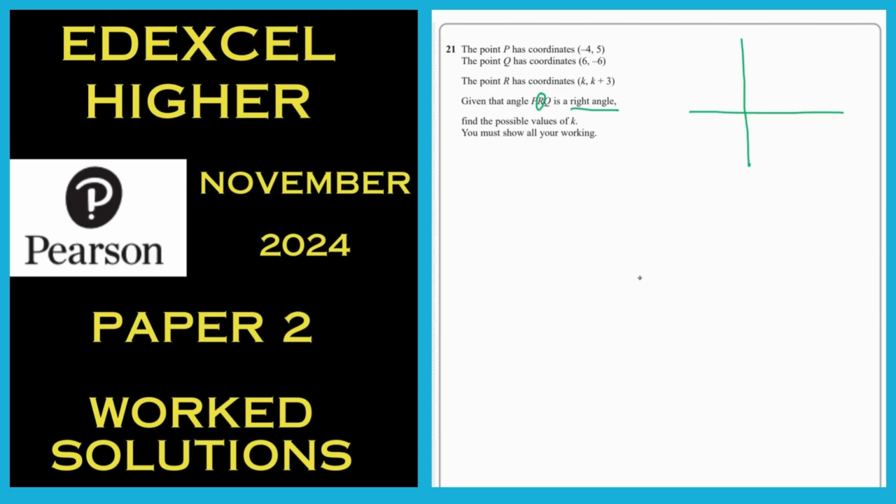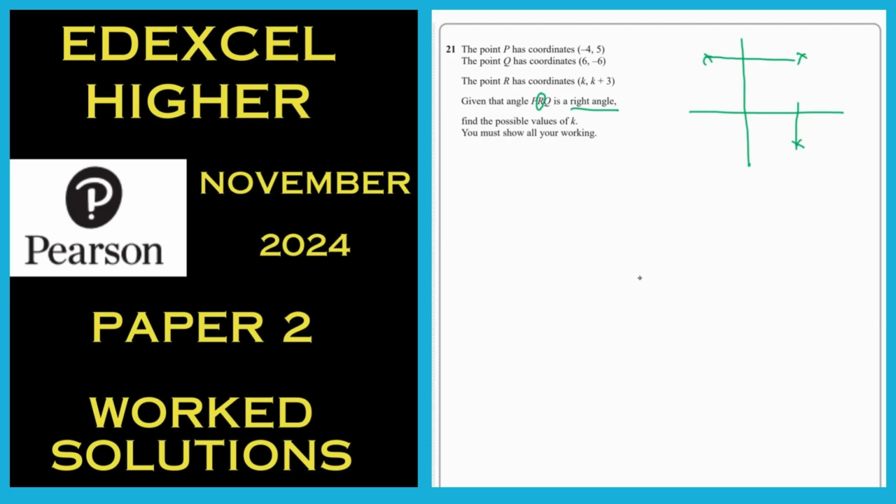It means the two gradients, when they multiply, equal -1. Or let's rephrase that. Whenever you've got two lines, if you find the gradient of one of them, the gradient of the other is the negative reciprocal of the other.